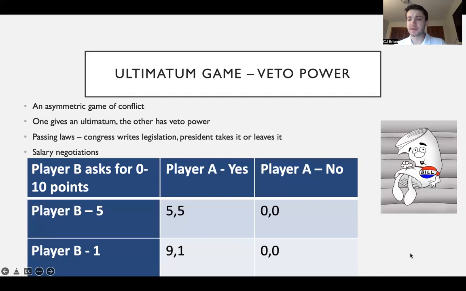Additionally, another example could be salary negotiations. Oftentimes with unions, unions will present, okay, here's what we will accept or what we won't. And then those in charge of the company, the bosses, decide, okay, this is something that we're willing to accept, we'll pay you this, or that's not going to happen, we won't do it.